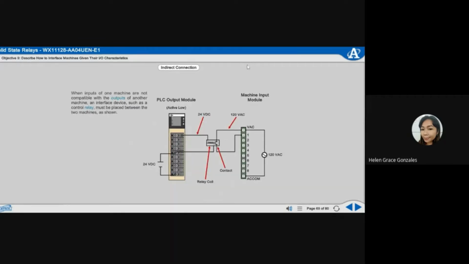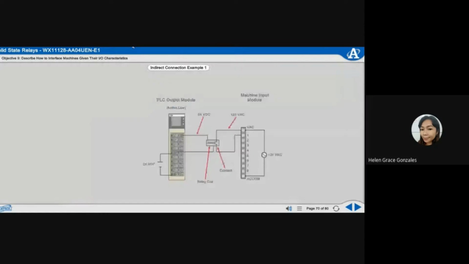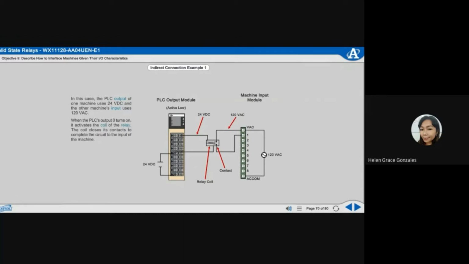When inputs of one machine are not compatible with the outputs of another machine, an interface device, such as a control relay, must be placed between the two machines as shown. In this case, the PLC output of one machine uses 24 volts DC, and the other machine's input uses 120 volts AC.